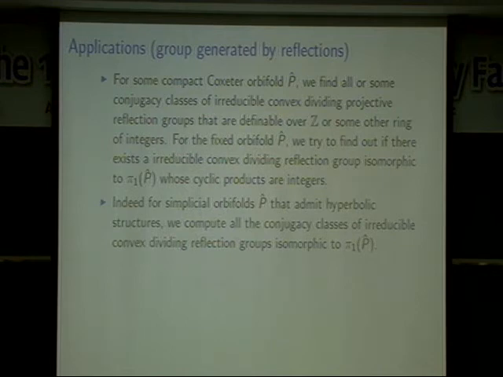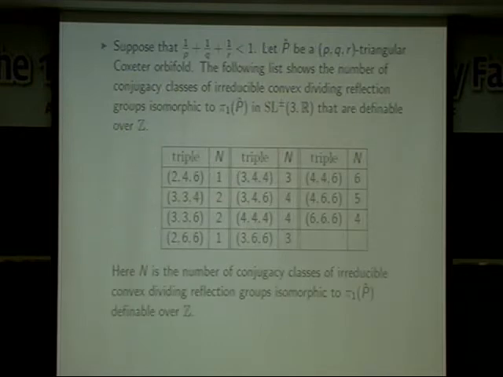We try to find the case when cyclic products are integers. Indeed, for simplicial P, or for P that admits hyperbolic structures, we can compute all the conjugacy classes of irreducible convex dividing reflection groups isomorphic to the fundamental group of P.